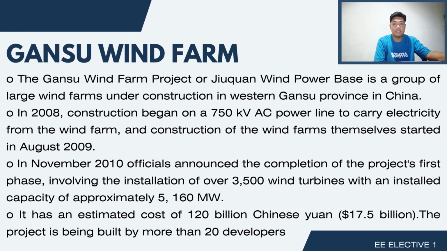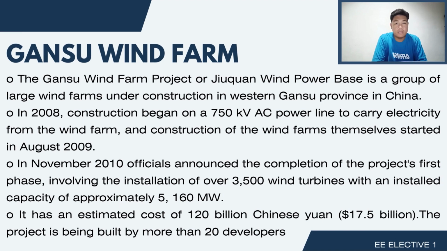Gansu Wind Farm. The Gansu Wind Farm project is a group of large wind farms under construction in western Gansu province in China. In 2008, construction began on a 750 kilovolts AC power line to carry electricity from the wind, and construction of the wind farms themselves started in August 2009.